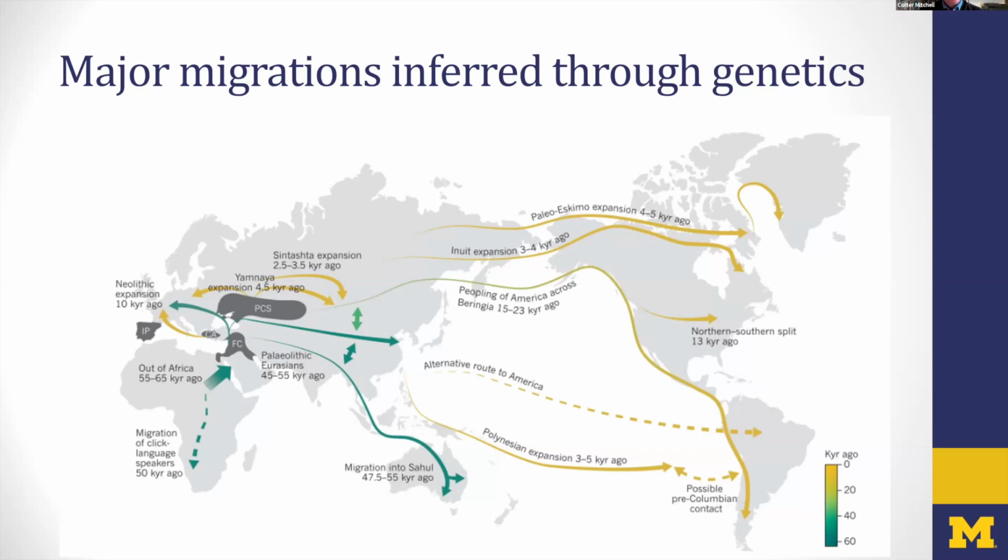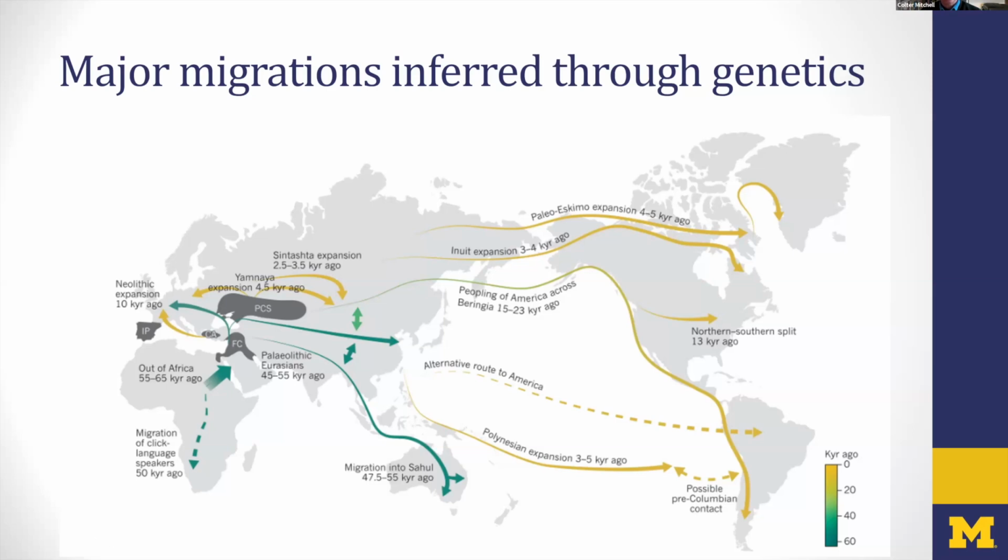At what point did they end up in what we now would call Australia? That was 47.5 to 55,000 years ago based on genetics. And then you think about Neolithic expansion, that's up here, that's 10,000 years ago. But the northern southern split in North America was 13,000 years ago. All of those things have been described just using genetics.